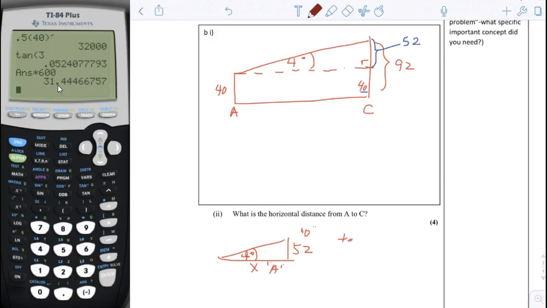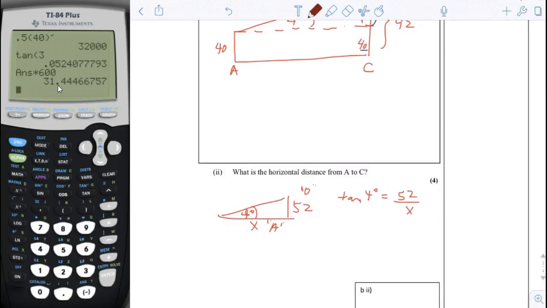So we're going to write tangent of 4 degrees is equal to 52 divided by x. Then we're going to multiply both sides by x, and we'll get x tangent of 4 degrees. We're doing that to get the x out of the denominator. Now we're going to divide both sides by tangent of 4 degrees to isolate x. So we'll get x equals 52 divided by tangent of 4 degrees.